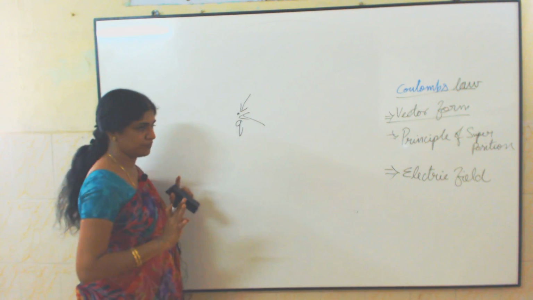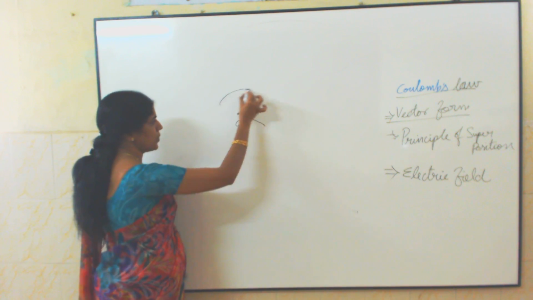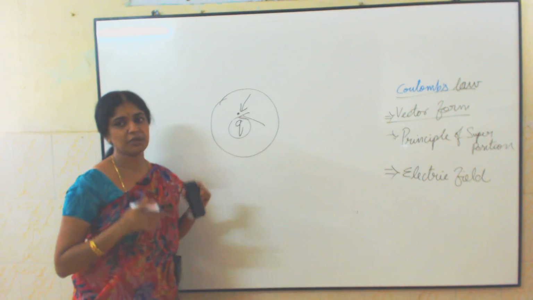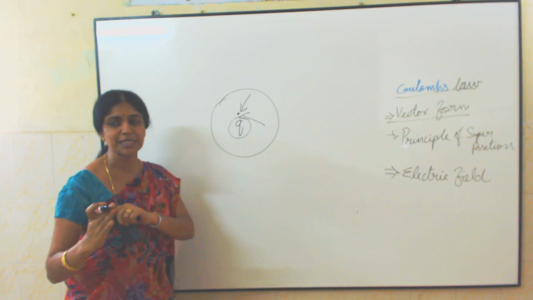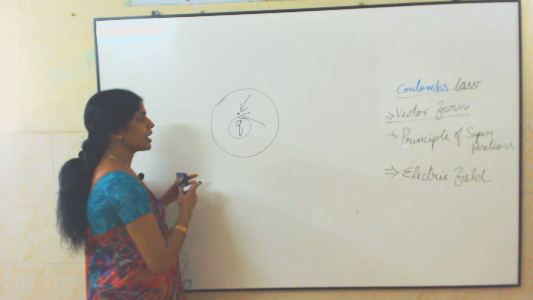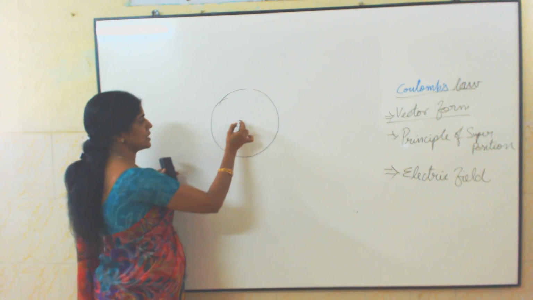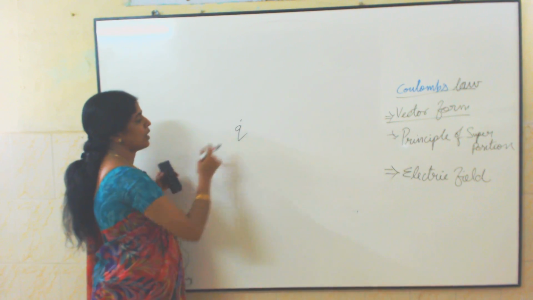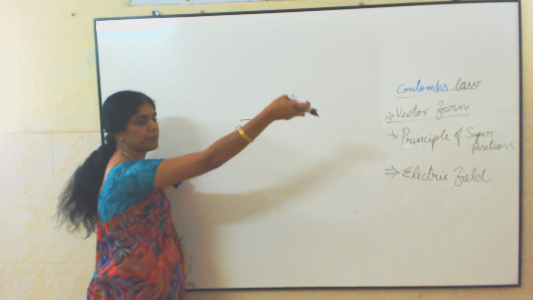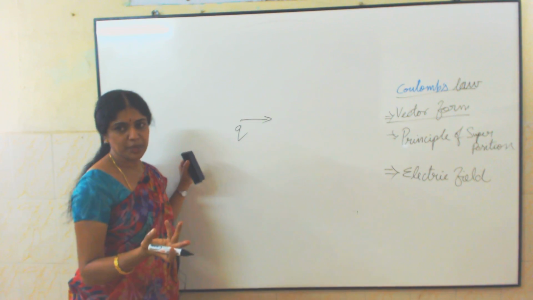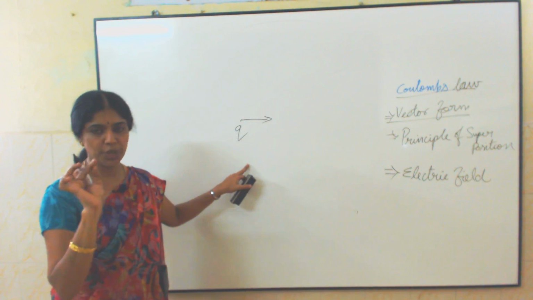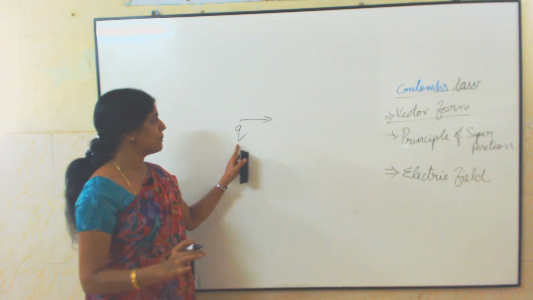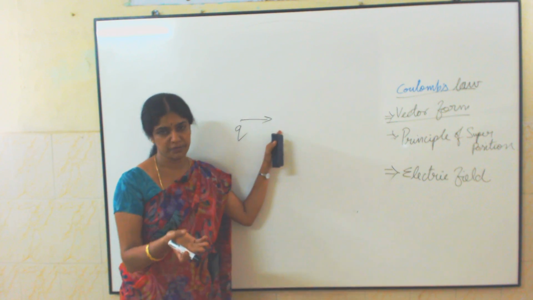I have a charge Q, and I want to find out up to how much space its force is experienced. If I have only one charge Q, it is not possible to find out up to what extent its force will be felt.